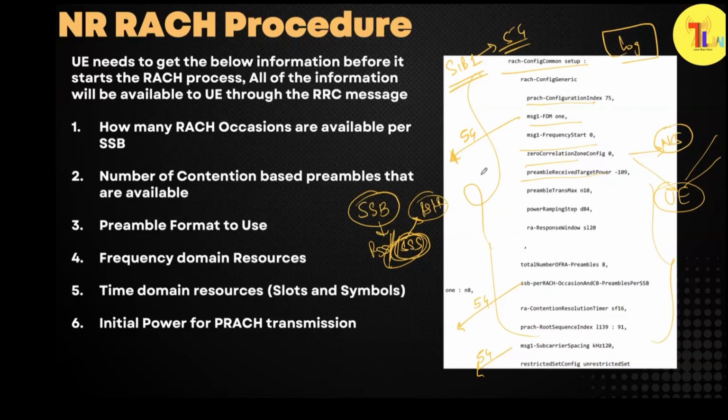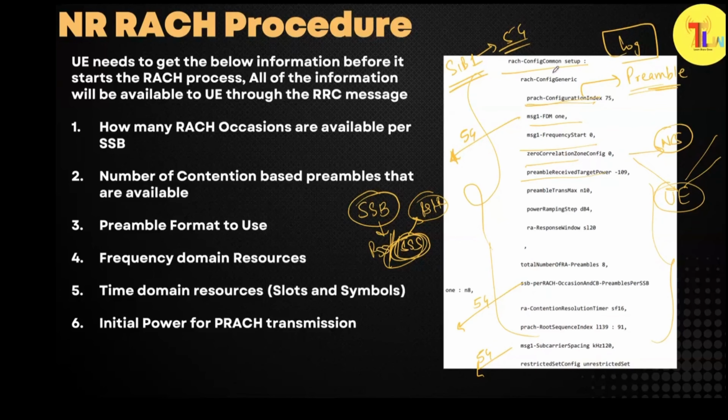In 4G we don't have those kinds of concepts, so it will be very basic: we will be having the PRACH config index. This will tell about the different preamble formats, depending on the subcarrier spacing in 5G. Now, what is subcarrier spacing? We have different subcarrier spacing between the carriers, and if you are aware of the grid, we have 15 kilohertz of subcarrier spacing, then 30, 60, 120 and 240.